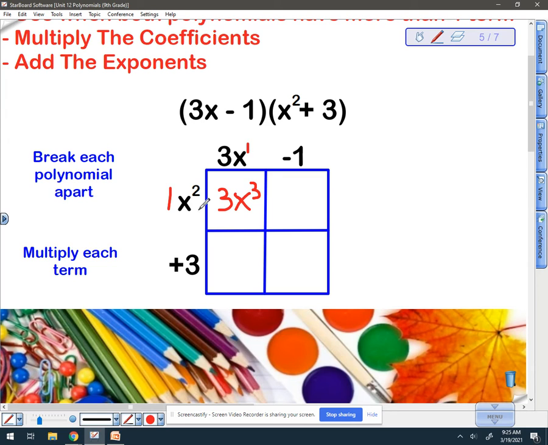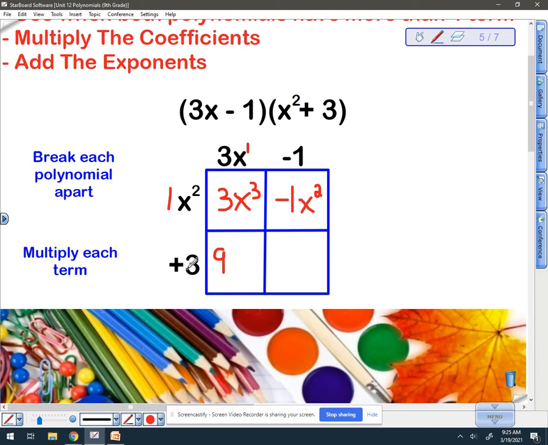So that's our first term. And then we're going to take this one times that one for this box. So positive 1 times negative 1. A positive and a negative is a negative. 1 times 1 is 1. And then I have x squared. There's no x over here, so I just leave it x squared. Now for this box, that's this one times that one. So a positive 3 times a positive 3. 3 times 3 is 9.